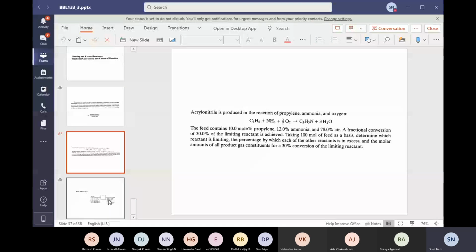Very nice. So now from the stoichiometric reactions, find out how much oxygen is consumed and how much ammonia is consumed.